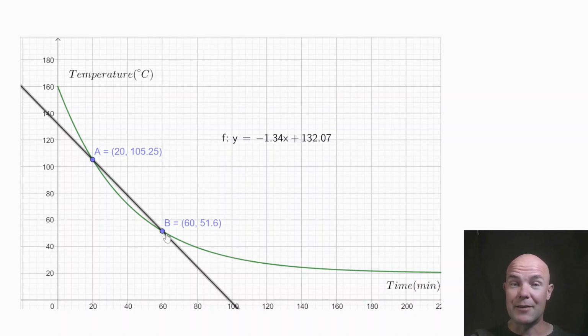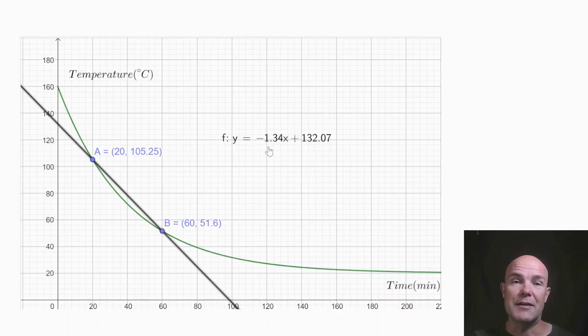The reason we get the same answer is because the gradient of this straight line is calculated exactly the way we just calculated the average rate of change of temperature.